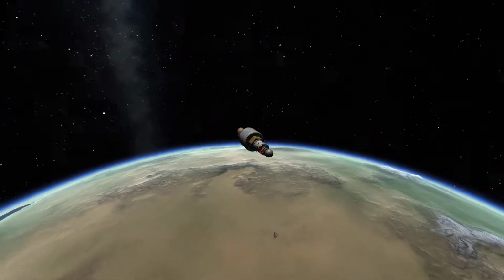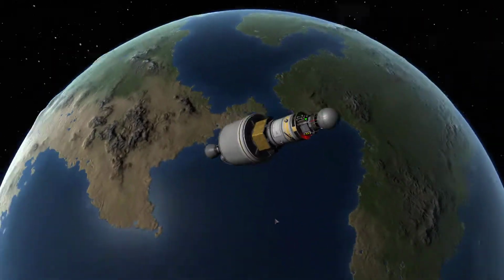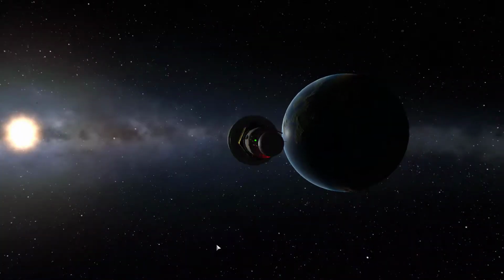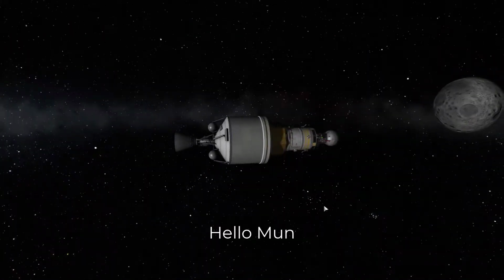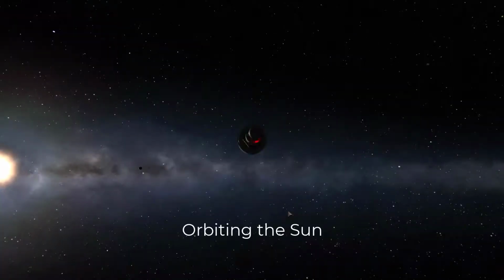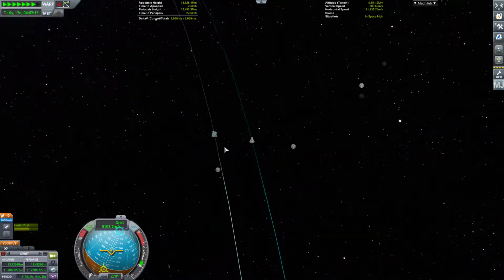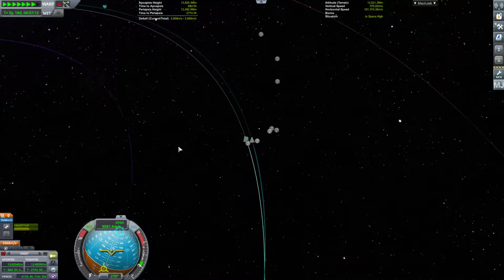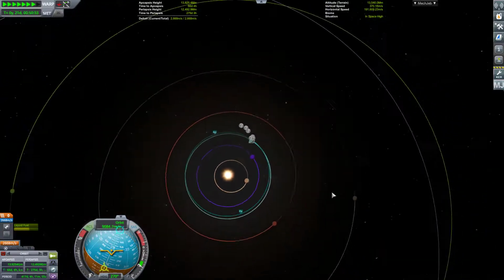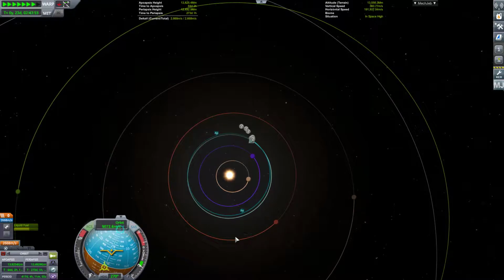We're now on an escape trajectory, leaving the gravity of Kerbin. And now we're in a heliocentric orbit, an orbit about the Sun, with orbital speed measured relative to the Sun.